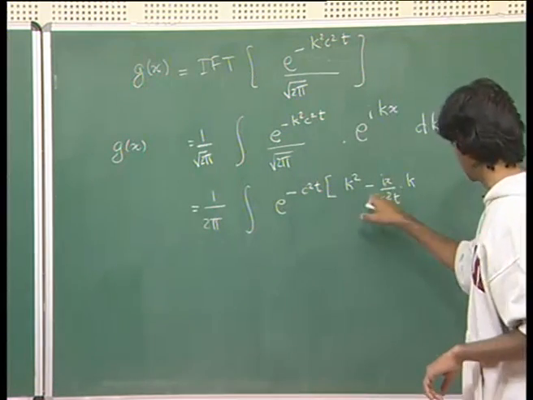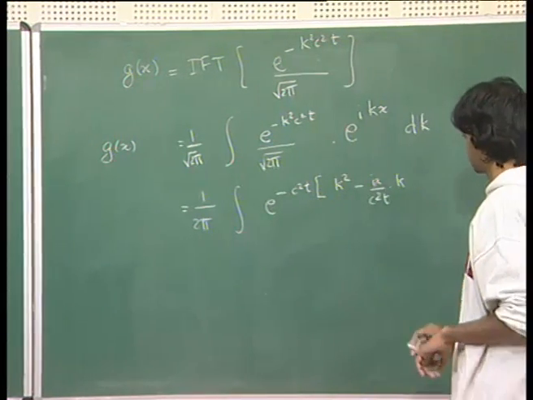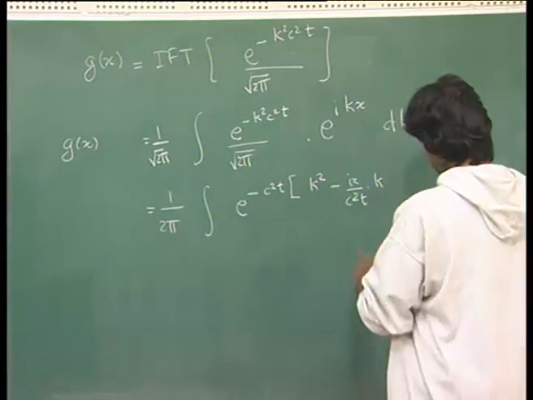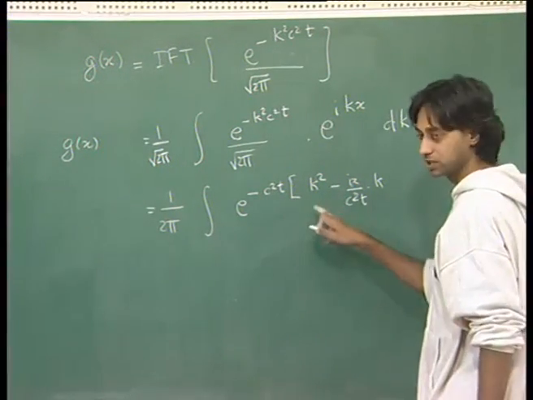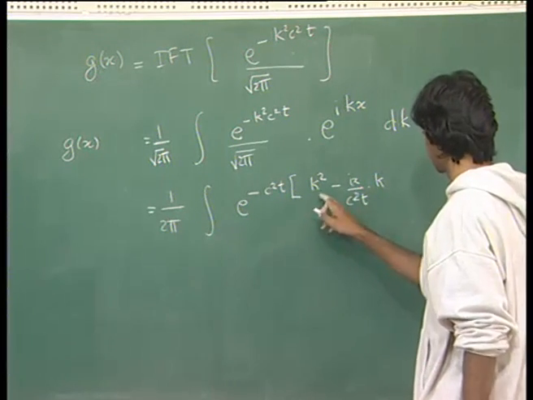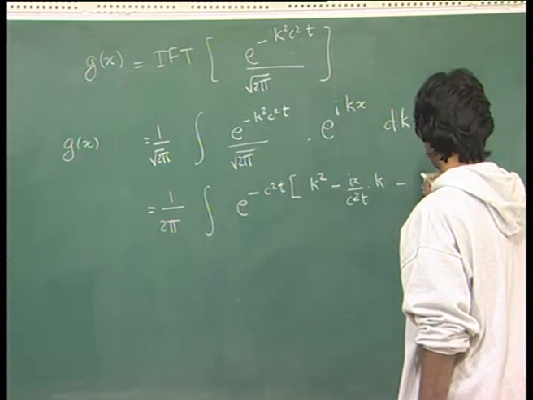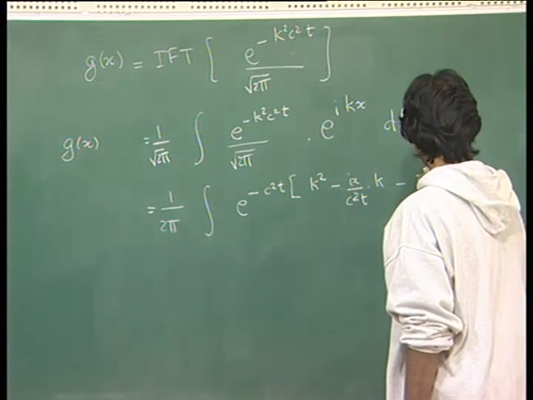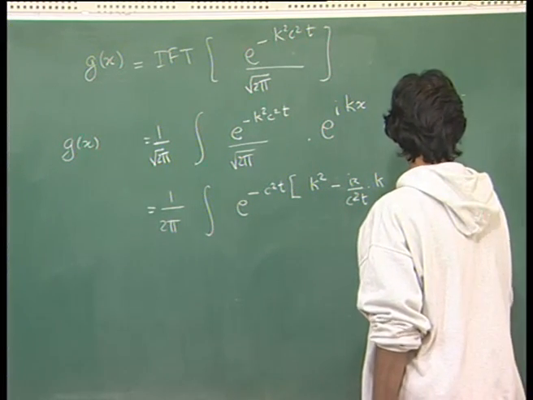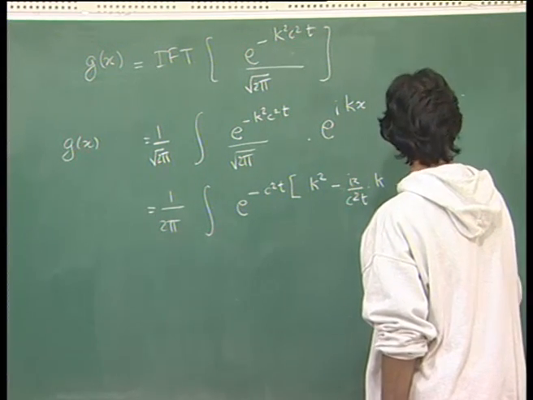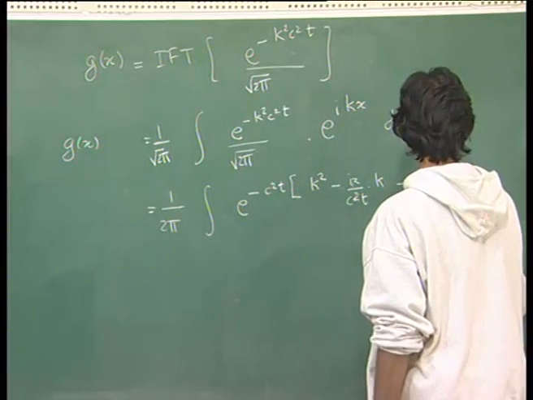When I multiply these two, I will get plus i k x. To carry out this Fourier transform, I will complete the square. If I complete the square, then the remaining term will be minus x square by 4 c square t.